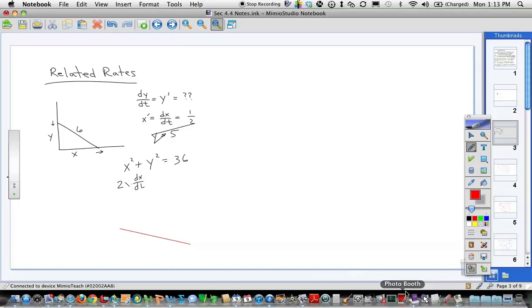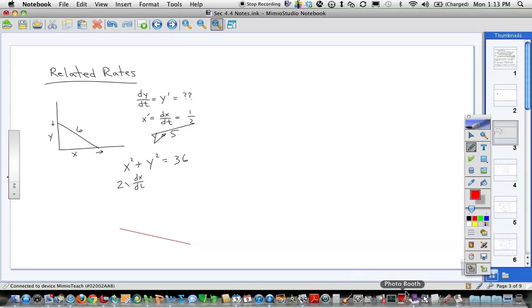That's implicit differentiation. Now, when we were doing implicit differentiation before, we didn't tack on an x prime. Well, that's because we were doing it with respect to x. And x prime in those cases would have been dx dx, which is just 1. So there was no sense to do it. Okay? But we're doing it with respect to t.